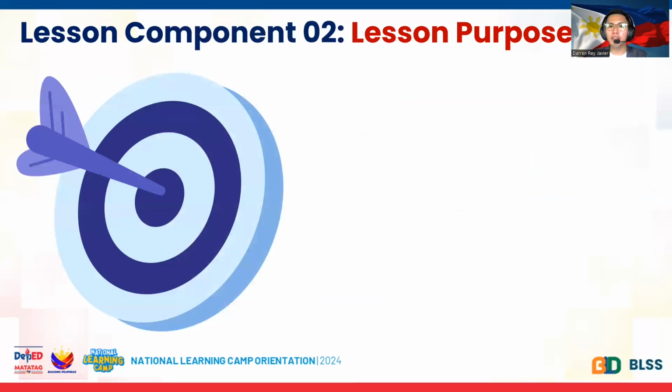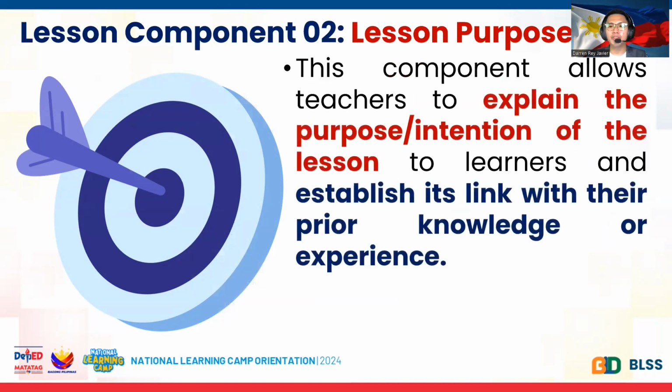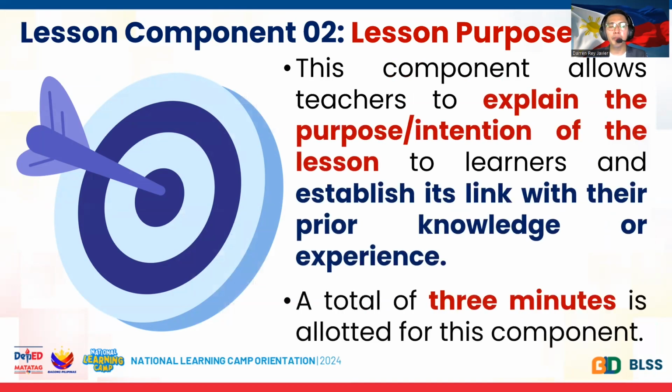For the second component, which is the lesson purpose, this component allows teachers to explain the purpose or intention of the lesson to the learners and establish its link with their prior knowledge or experience. And a total of 3 minutes is allotted for this component. At the same time, please keep in mind that the allotment of minutes per component is flexible.